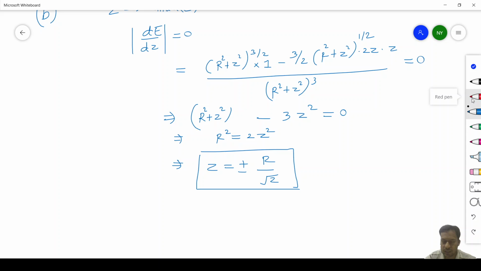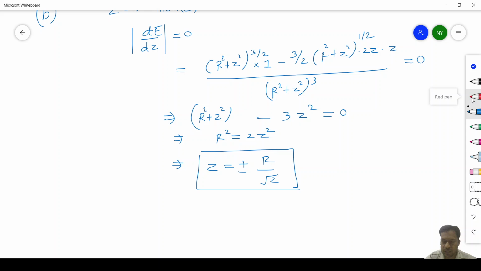So the C part says we have Q as the total charge. Now the charge per unit length, that is lambda, can be written as charge per unit length.